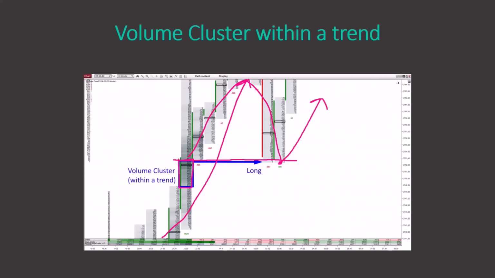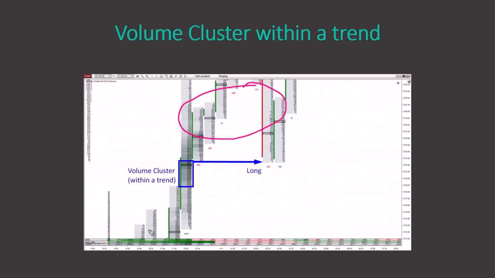But what is very important is that the price makes some price action above that volume cluster when it gets formed, all right? So it's not like instant test. Well, actually this also sometimes works, but what I prefer is if there is some price action above that volume cluster before that pullback occurs, all right?